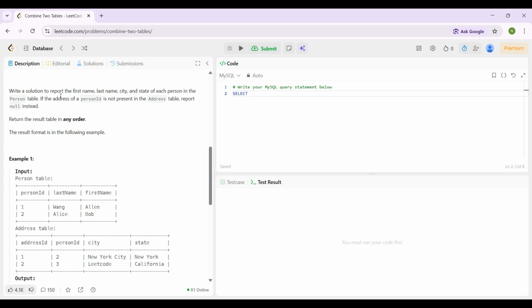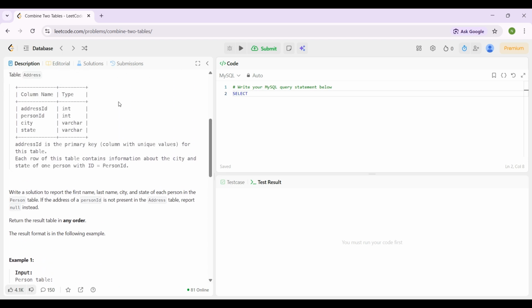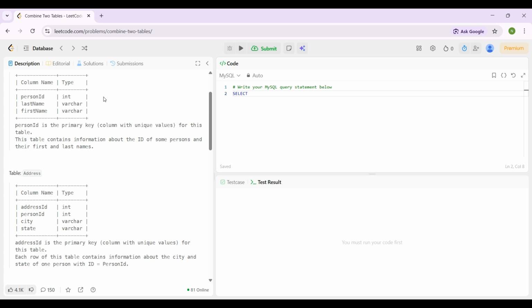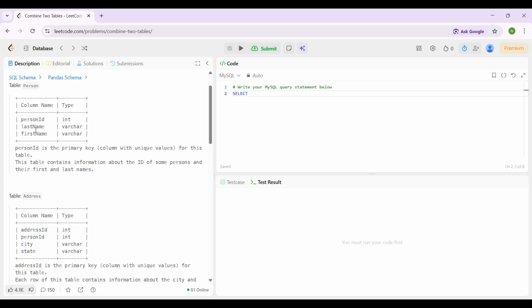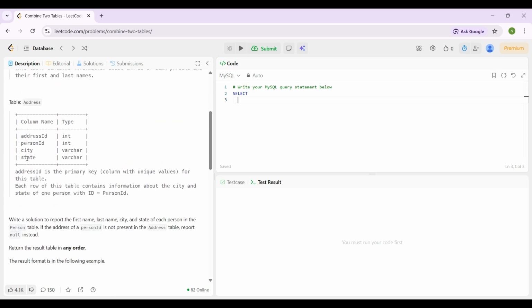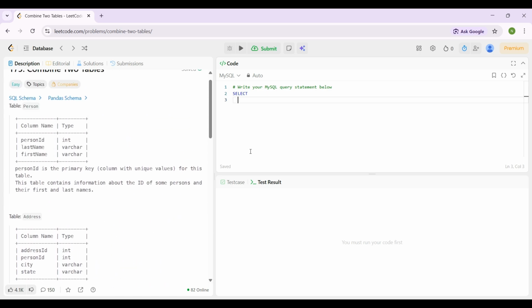So here see, we want to write a solution to report first name, last name, city, state, right? Where is the first name? In person table. First name and last name is also in person table. We will write in order. From person table we want this, and from address table we want city and state. So what we should write here?